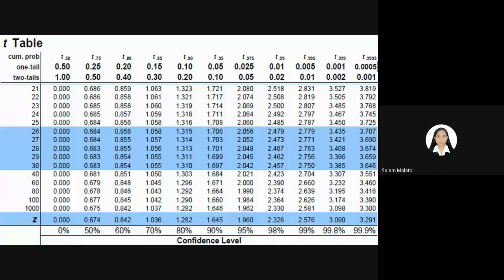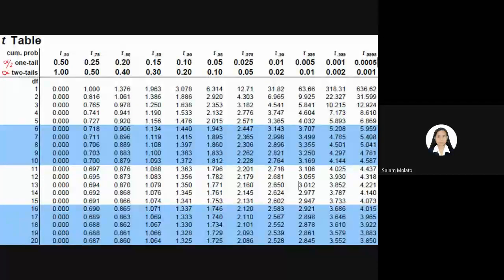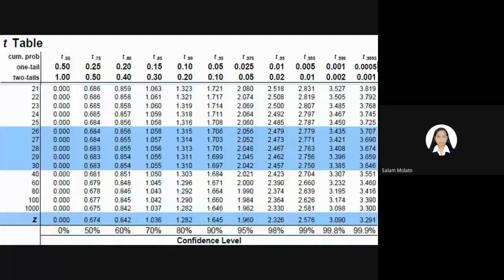So this is a continuation of the table. As you can see here, we have the confidence level: 0%, 50%, 60%, 70%, 80%, 90%, 95%, 98%, 99%, 99.8%, and 99.9%.